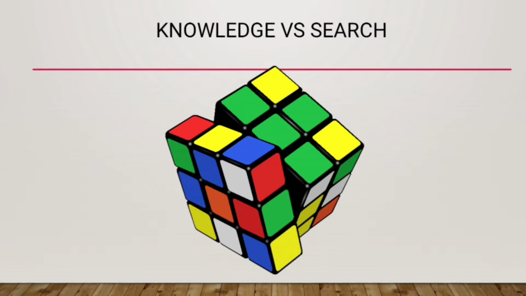Among problem solving methodologies, knowledge comes first, where we know exactly how to solve the issue. If you know the formula and the strategy, you'll be solving it very easily. This type of problem solving we can say is knowledge based.